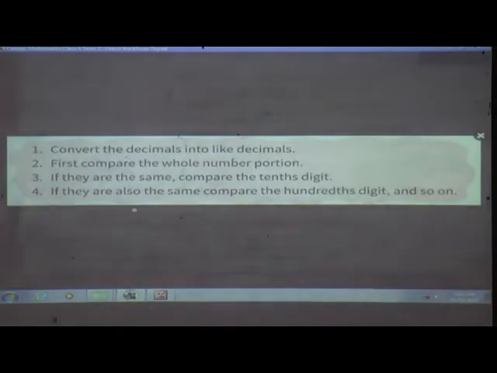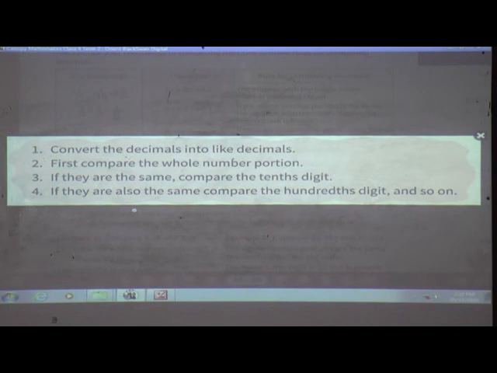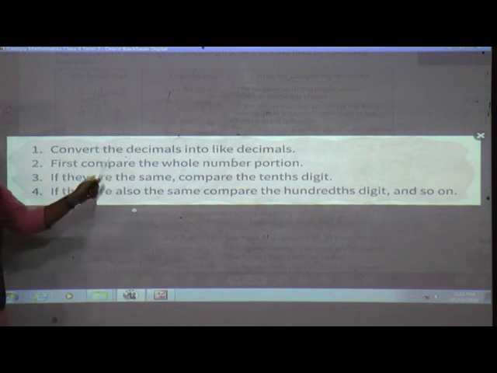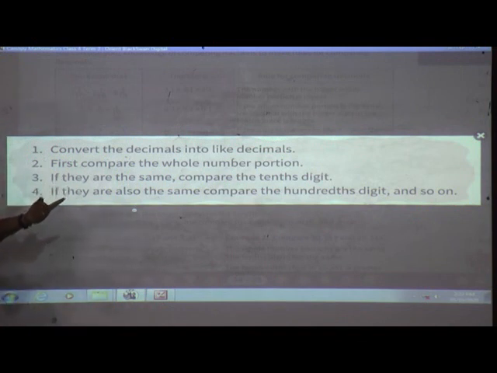Therefore, to compare decimals, first what you have to do? Convert the decimals into like decimals first. Then first compare the whole numbers portion. Then second, if they are the same, compare the tens digit. If they are also the same, compare the hundreds digit and so on.